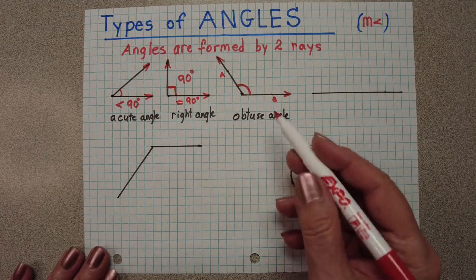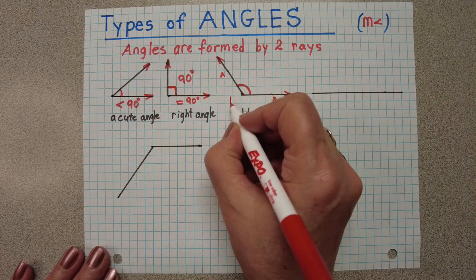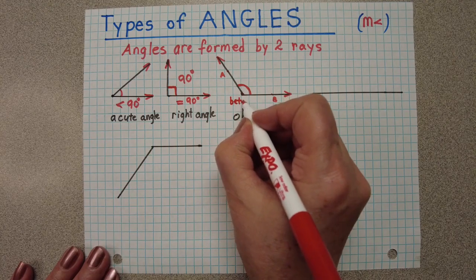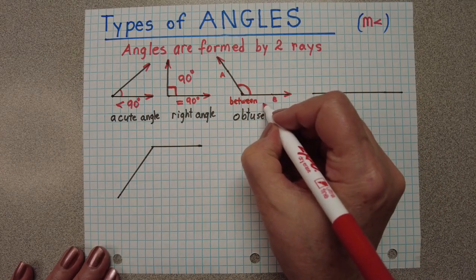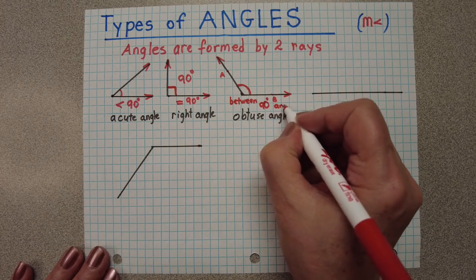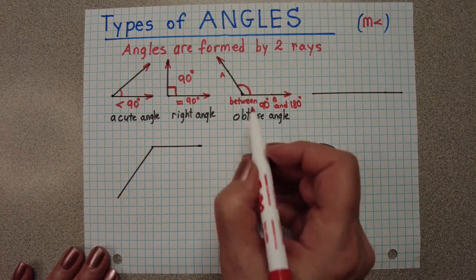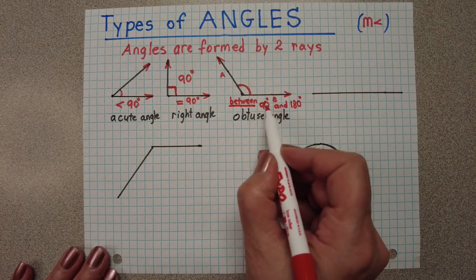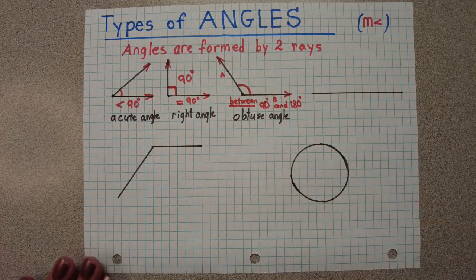So an obtuse angle is between 90 degrees and 180 degrees.